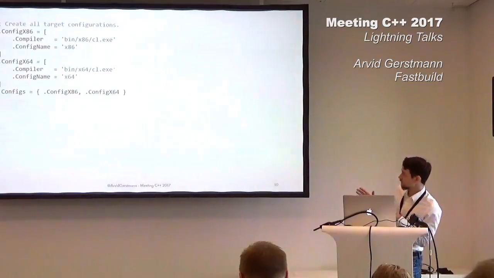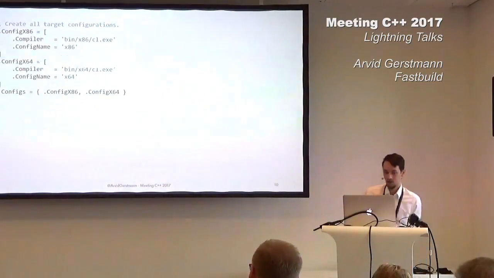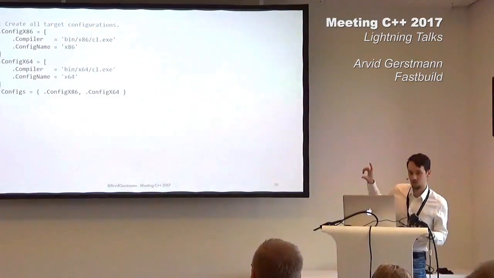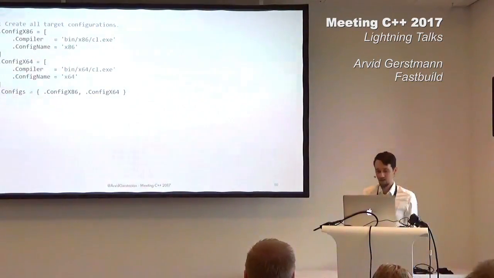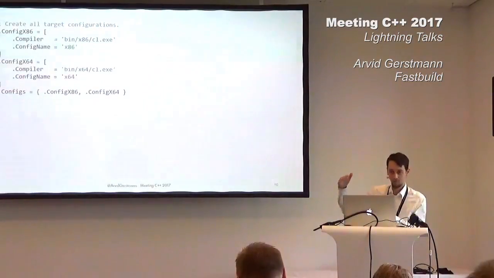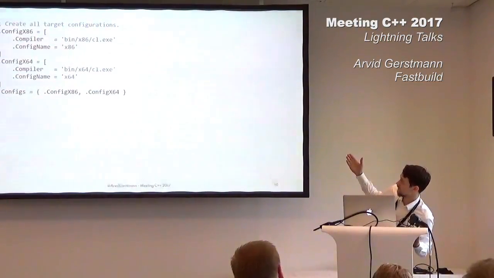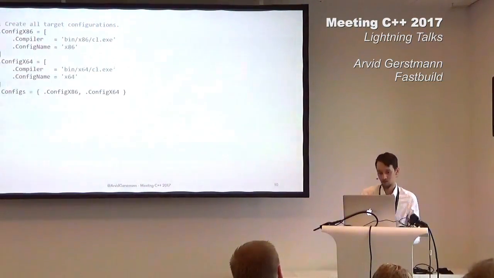Let's go quickly through a slightly bigger example, like what I do in that screenshot you've seen from my Visual Studio. That is using configs. So I create all the configs for different compilers, for different architectures, and for the different operating systems, as you've seen here for the x86 and x64 example.